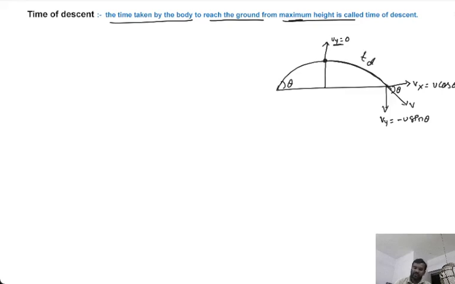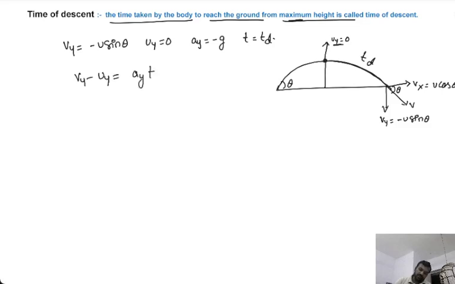That is Td. Now write the components first. Vy is minus u sin theta, Uy is 0, Ay is minus g, and time t is equal to td. Now substitute into Vy minus Uy is equal to Ay t.